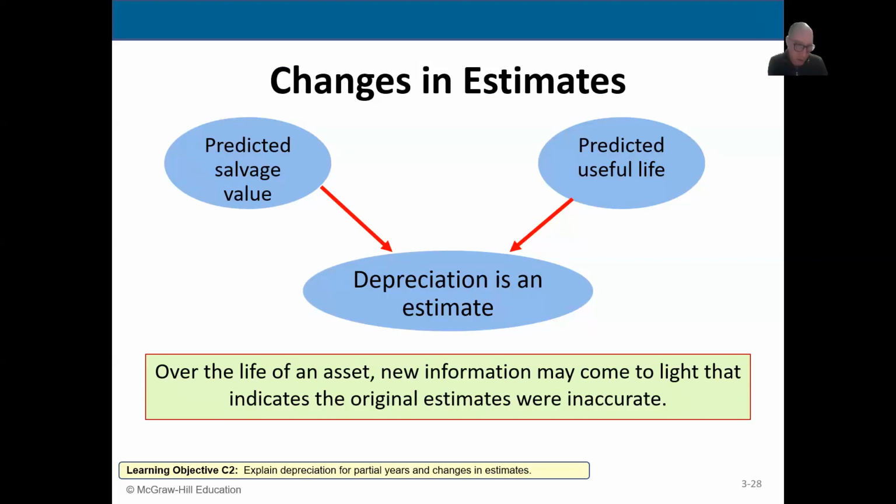Transmission goes out or it needs some engine overhaul or some type of very serious mechanical expense. So we make the modification, it extends the useful life. Or the salvage value changes, like all of a sudden the price per pound of metal goes up, whatever, changes the salvage value. All these have effects on the depreciation estimate.